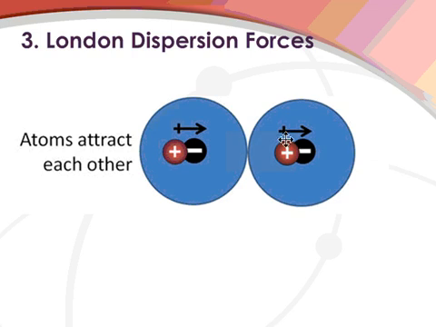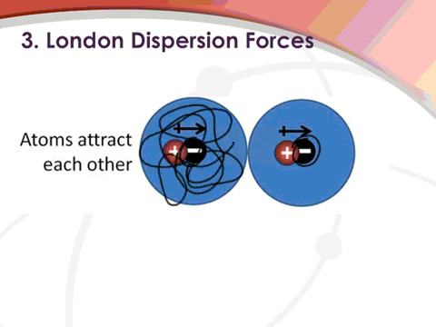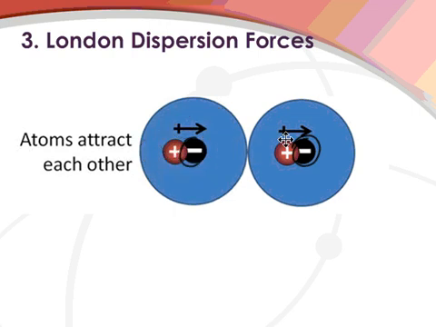So here's what ends up happening. You have electrons. Here's one electron here, here's an electron here, and you have to remember that they can kind of move all over the place within their orbitals, right? So if they're moving all around, then for a split second, they might be over here.